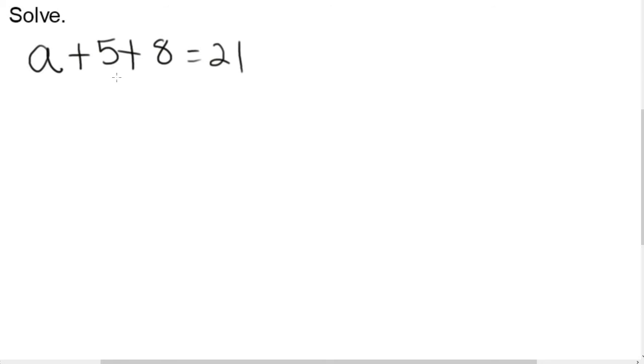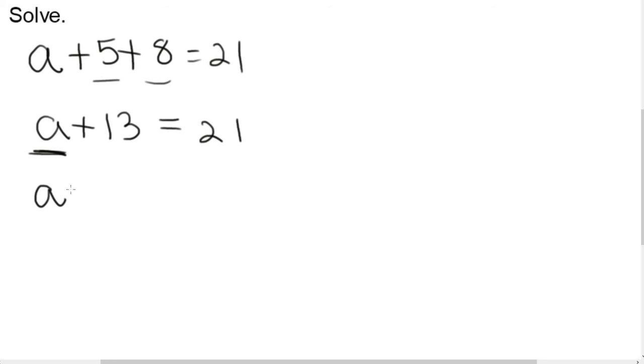So the like terms here are 5 and 8. So that equals a plus 13 equals 21. We want to solve this for a, get a by itself. We can add the opposite. When we add the opposite of a number, the numbers go away.